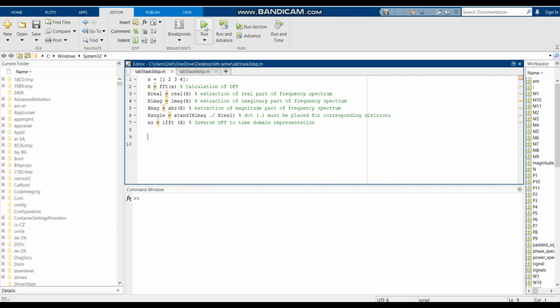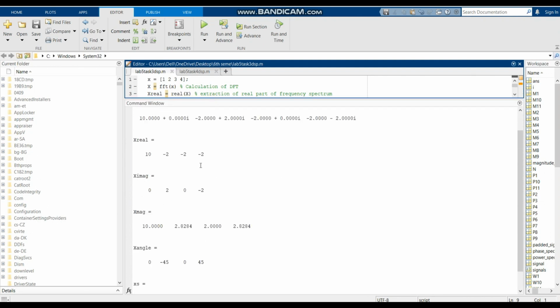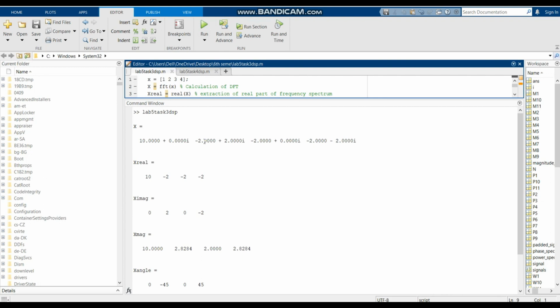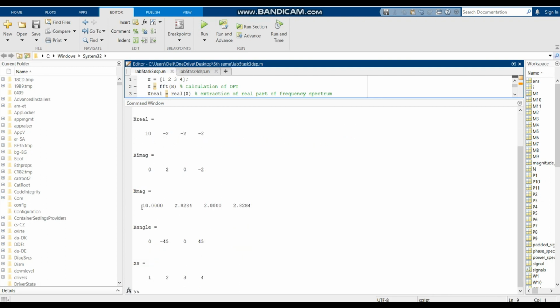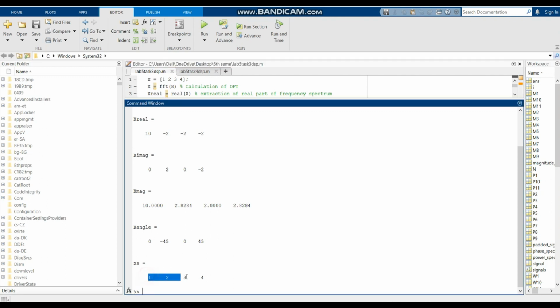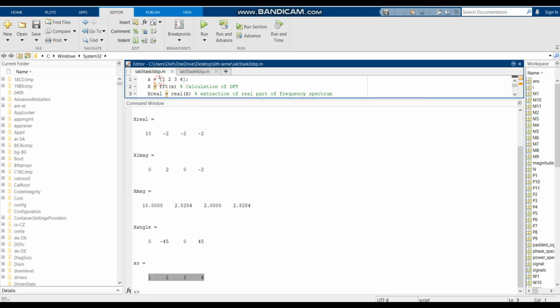So by running the code, we can observe the discrete Fourier transform, its real and imaginary parts, and its magnitude and angle, and finally the original result from the inverse discrete Fourier transform that is used to reconstruct the original signal, which is provided above: x equals 1, 2, 3, 4.